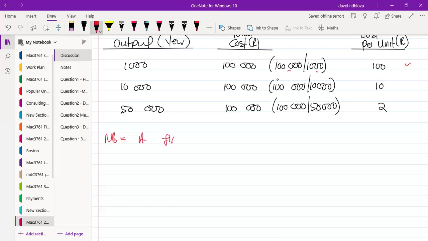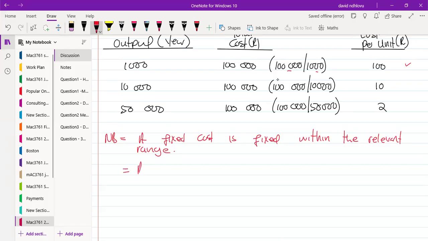A fixed cost is fixed within the relevant range. What is the relevant range, good people?